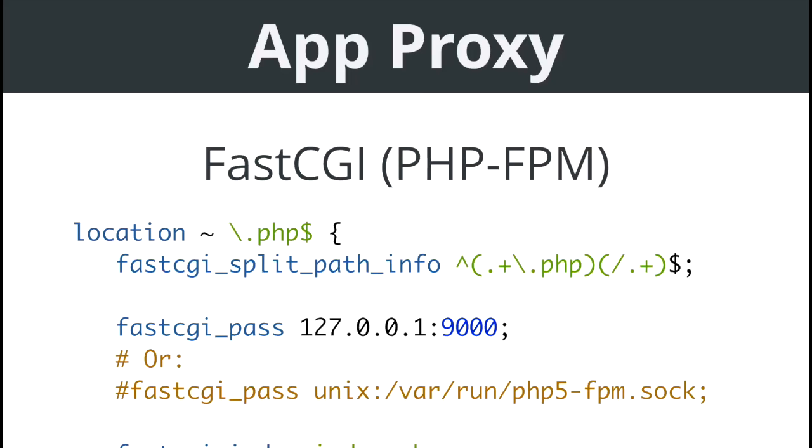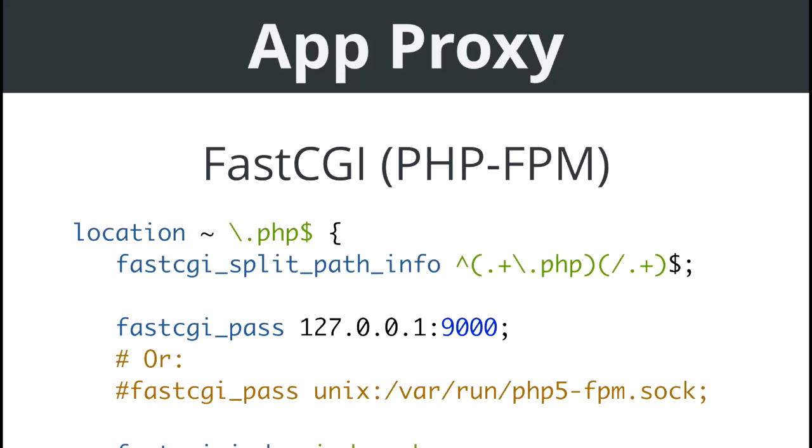Okay, so for PHP, if we're using PHP FPM, that uses fastCGI. So instead of listening on HTTP, it's listening using fastCGI. Again, we can see it's still listening on localhost port 9000, but it won't accept an HTTP request. It will only accept one made in the fastCGI protocol.